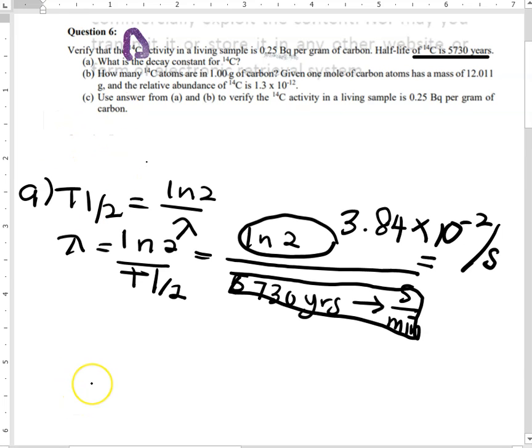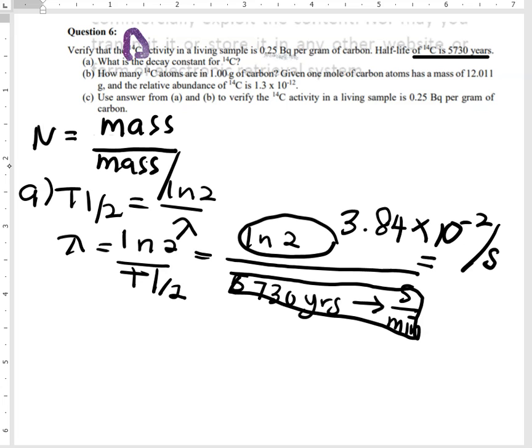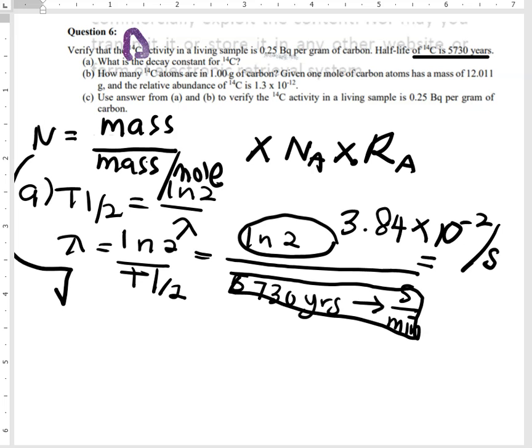So I will start by finding the number of atoms. The number of atoms is equal to mass divided by the mass per mole, times Avogadro's number, which you're supposed to have memorized by now, and times the abundance.